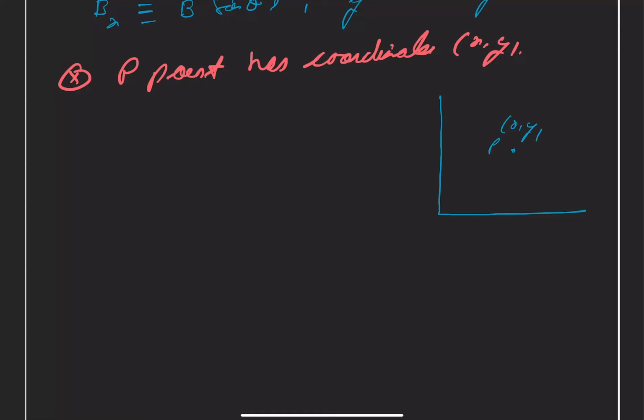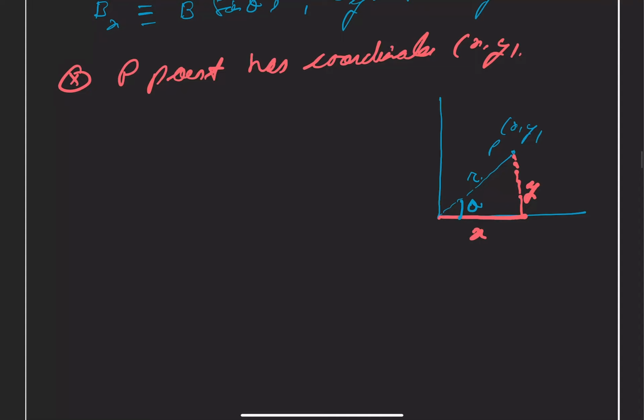This will be over x and this will be over y, and we have angle theta which is like this, and this is our radius vector r. Based on this we can write that sine of theta is equal to y upon r, and cos of theta is equal to x upon r.